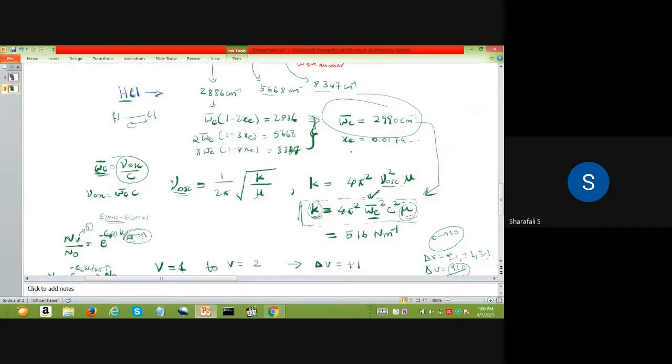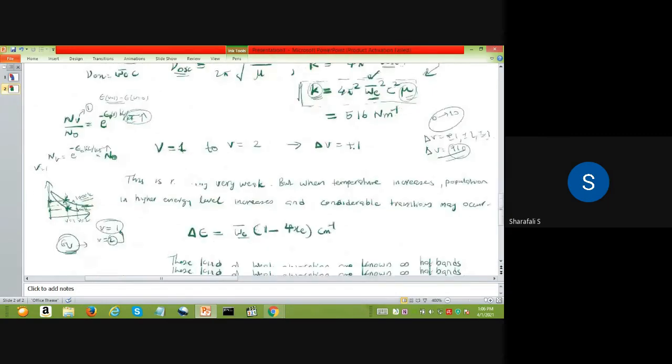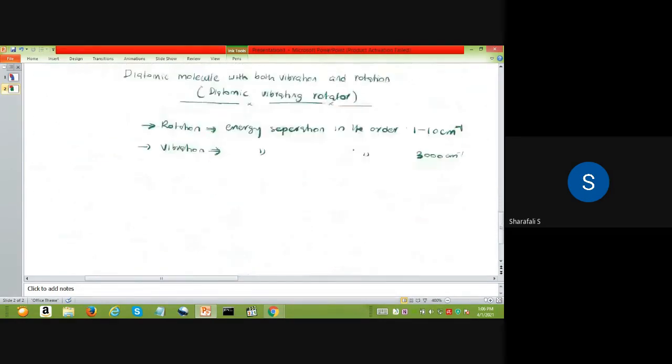So the vibrational energy level difference is much higher than the rotational energy separation. This separation is 1 to 10 centimeter inverse, but this is around thousands of centimeter inverse. So as compared to the rotational energy levels, the separation between vibrational energy levels will be much higher.